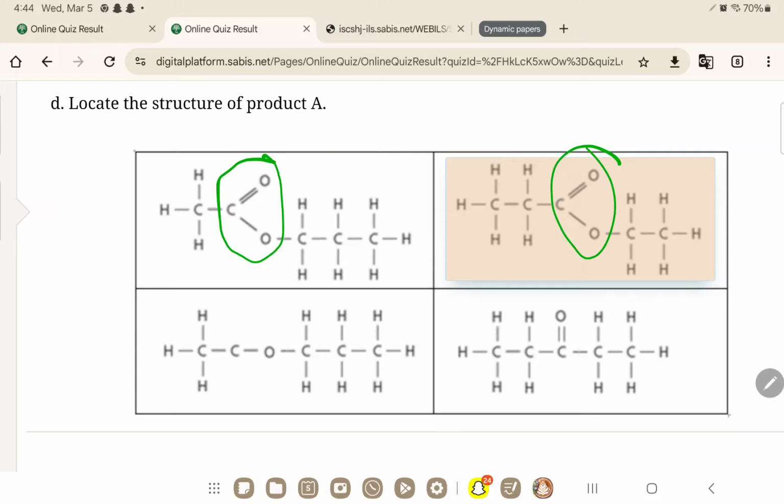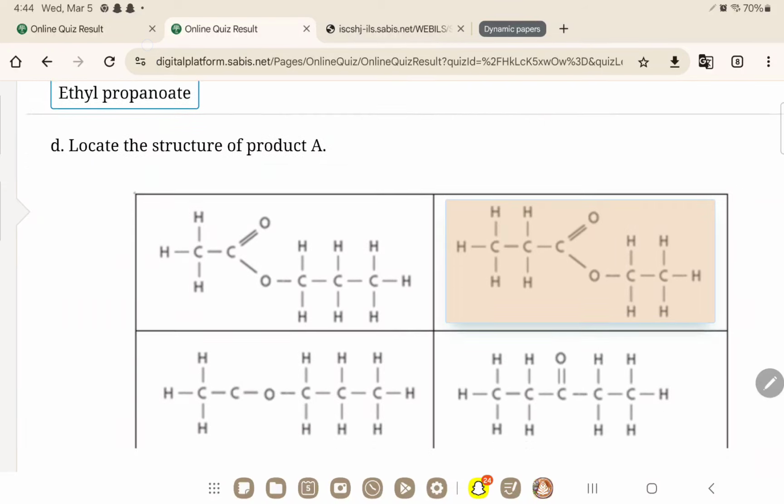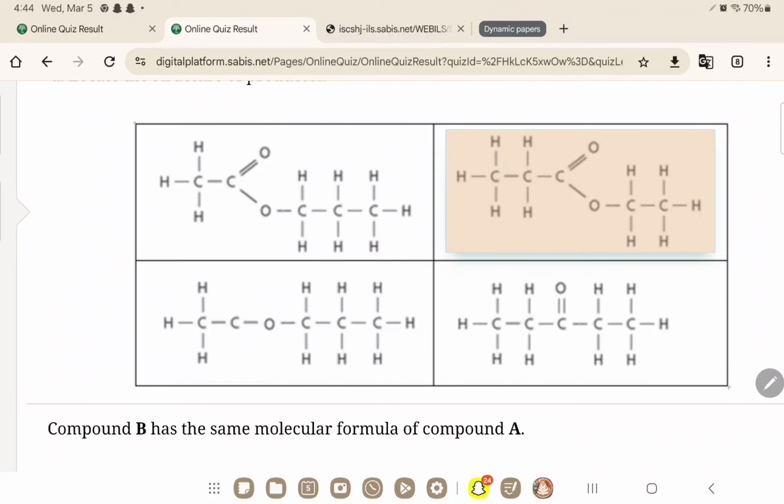Now you're going to see, okay, what's the difference between this and this? Here, you have two C's on your acid. We have propanoic acid and ethanol. If I'm not wrong, wait, let me go back and check. Propanoic acid and ethanol. We need to be sure that the one that has 3 carbons is our acid, not our alcohol. The alcohol is this one. Why?